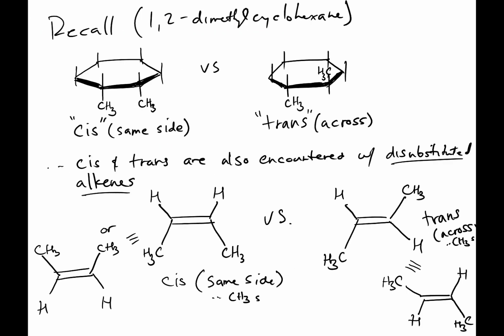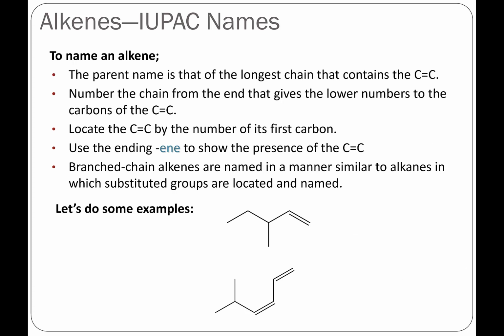Now there are a lot of things that are important about that, and some of them we encounter in this class, others we don't. But the first reason that's important is there are multiple possible isomers with the same molecular formula that are actually different. It is true that different cis-trans isomers actually have slightly different physical properties in many cases.